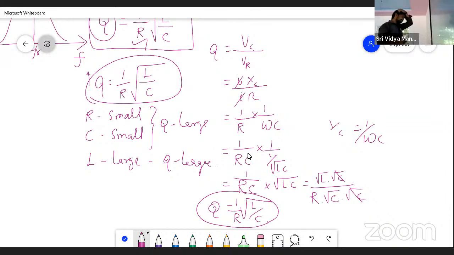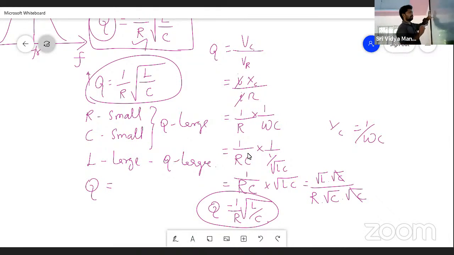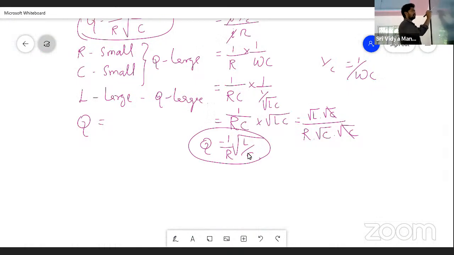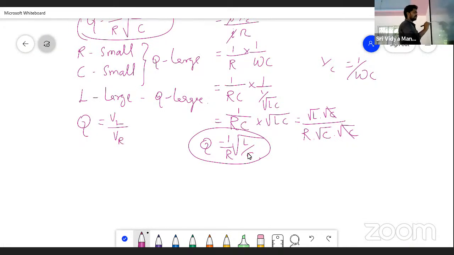And next, the quality factor Q is equal to VL divided by VR at the resonance condition. You know well the applied voltage is equal to the voltage across resistance.